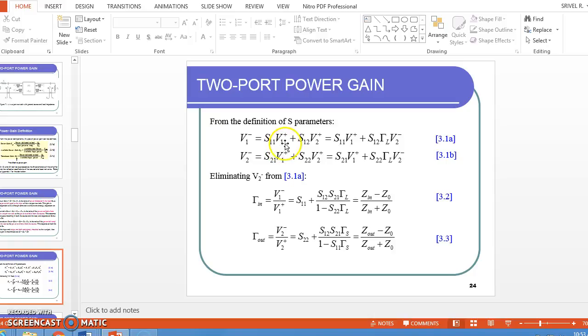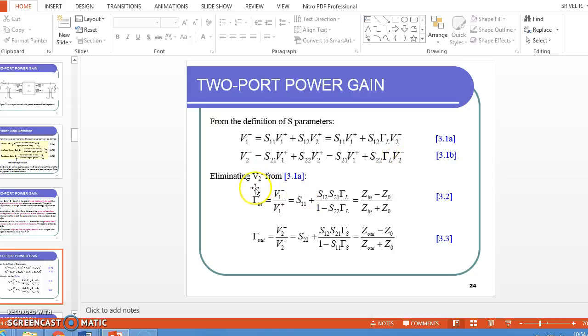So S11 V1 plus S12 V2 plus is equal to S11 into V1 plus S12 into the load reflection coefficient into V2 minus. So V2 minus is equal to S21 into V1 plus S22 into V2 plus, that is equal to S21 into V1 plus S22 into gamma L into V2 minus.